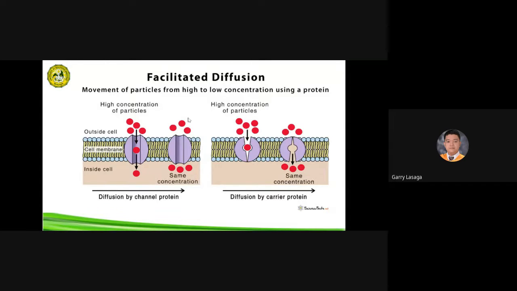They have the same driving force, which is the concentration gradient, from a higher to a lower concentration. Once equilibrium is achieved, this carrier protein will now close after the equilibrium of the molecules has been achieved.